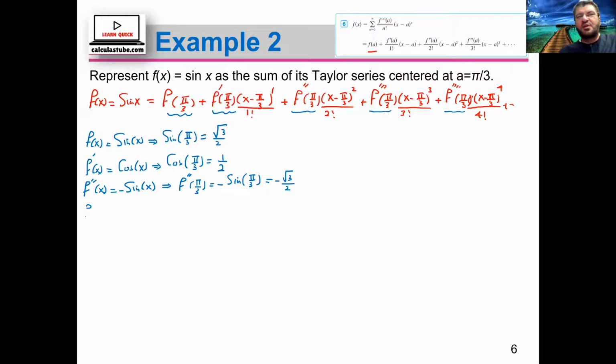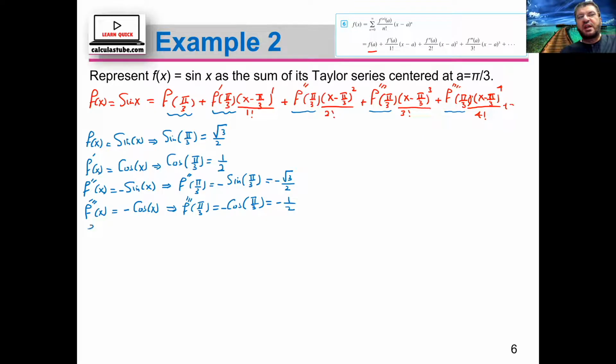So let's go now to the third derivative of x. The derivative of minus sine is minus cosine x, which means that the third derivative at pi over 3 is equal to minus cos pi over 3, which is negative half.